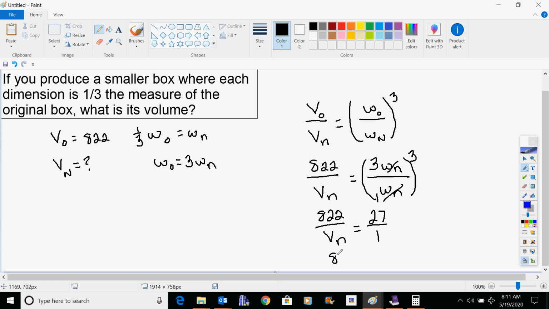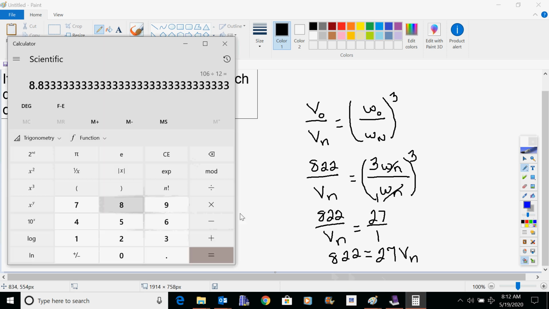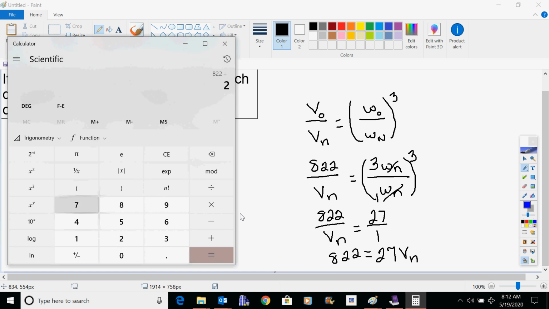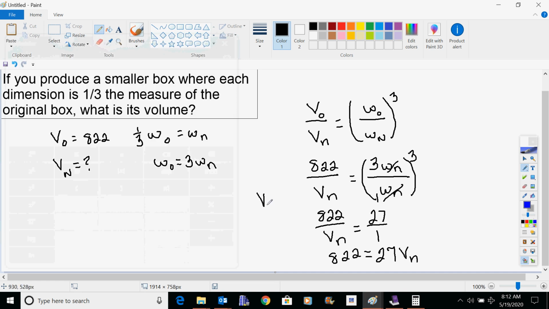Then you can cross multiply. 822 equals 27 of the volume of the new, and then divide both sides by 27. And when you divide both sides by 27, 822 divided by 27, we're going to get 30.44. So the volume of the new one is approximately equal to 30.44.